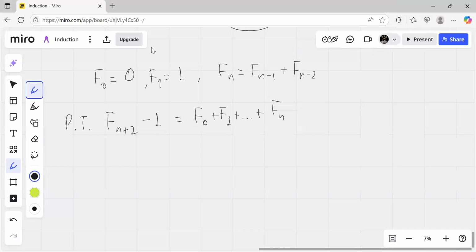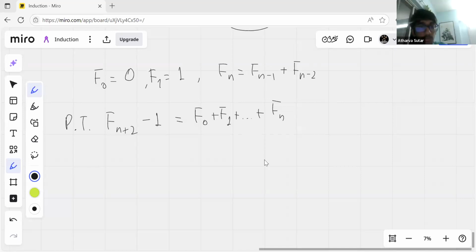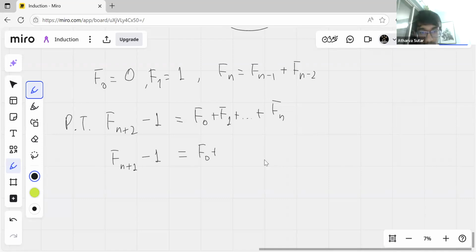If f of n plus 2 minus f of n is equal to f of n plus 1, then you will get the same condition. Yeah, perfect. So you just take f of n plus 1 minus 1. You transpose f of n to the left hand side and you get this condition. So this is the inductive step, and it's obviously true for the base case.